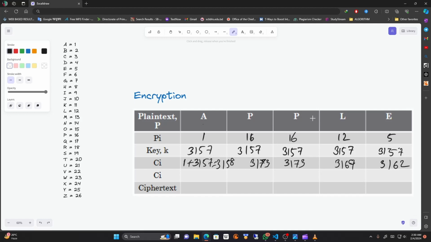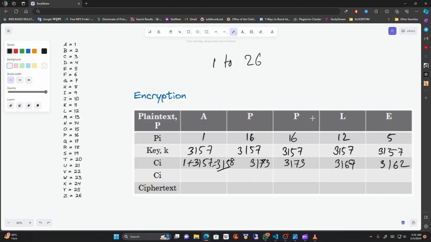Okay, now what we'll do, we previously saw that all our ciphertext index values were in the range of 1 to 26, so we could directly get these values from A to Z. But now we have a value of 3158, so we don't have any alphabet whose index value is 3158, right?